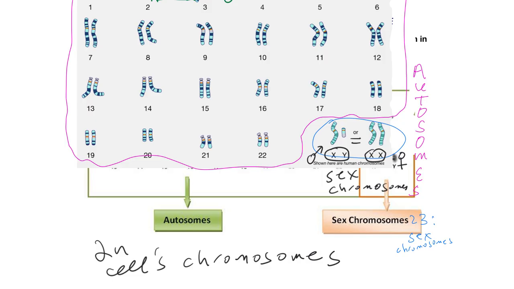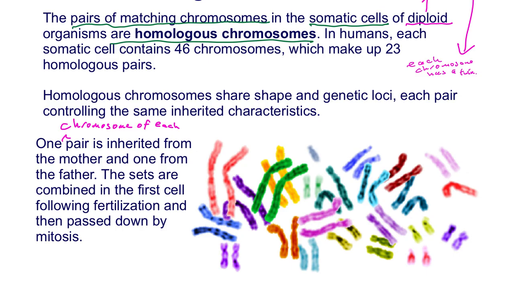Okay, all these other chromosomes, the ones that are 22, are the autosomes that contain all the other genes that our body needs besides the sex-determining genes.